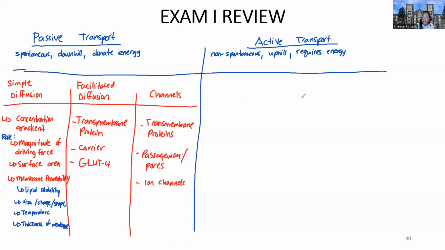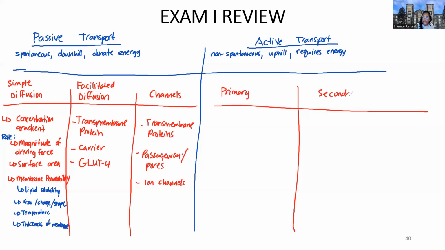Let's move on and think about two primary types of active transport. There's primary and secondary active transport. The major point is that primary is going to be reliant on hydrolysis of ATP.